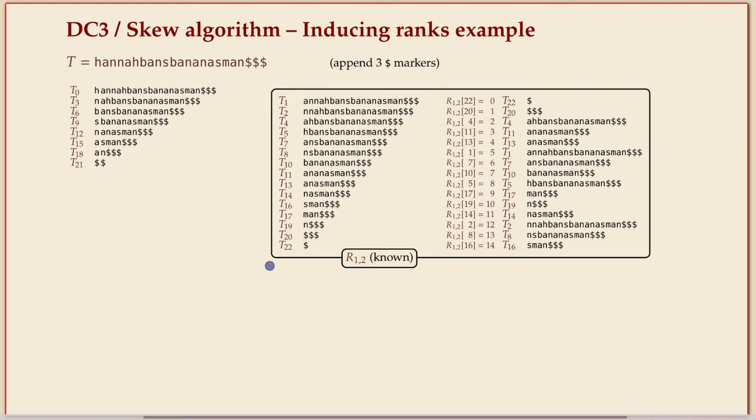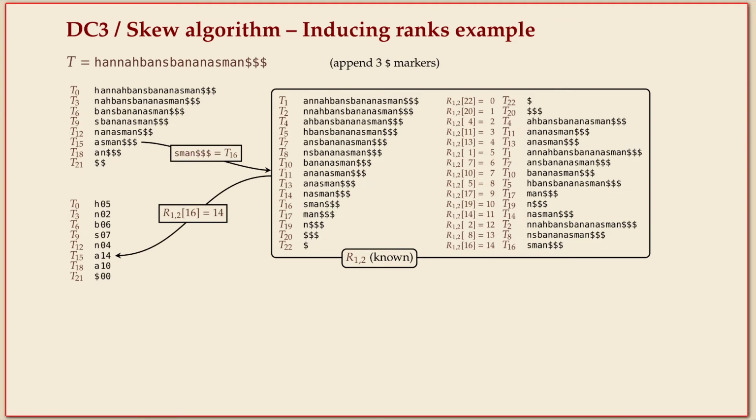So what we're doing now is try to get these sorted using that knowledge. And so we replace, I don't know if you can see this, maybe a bit too subtle. I split off the first character and then the rest slightly. So we copy the first column here. That's just the first character of all those suffixes. And then the rest of that suffix we replace by a number.